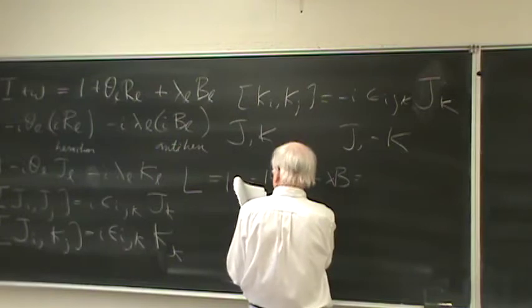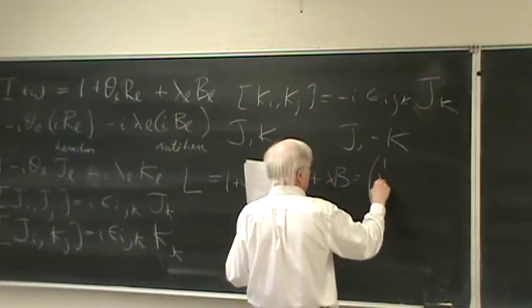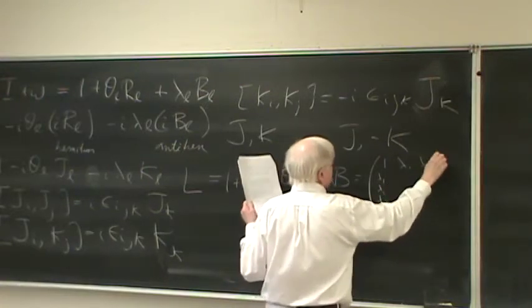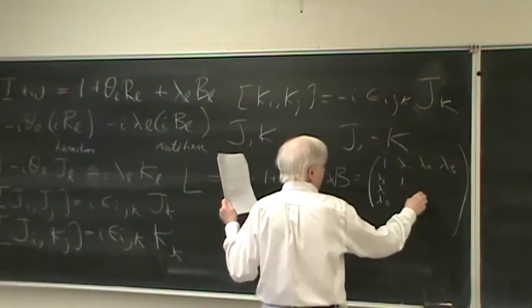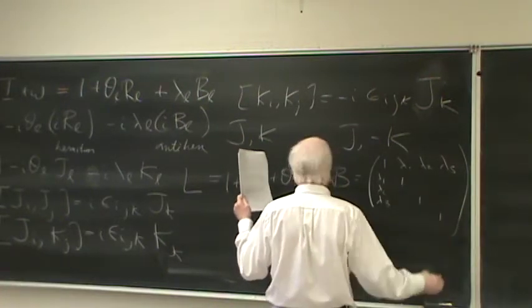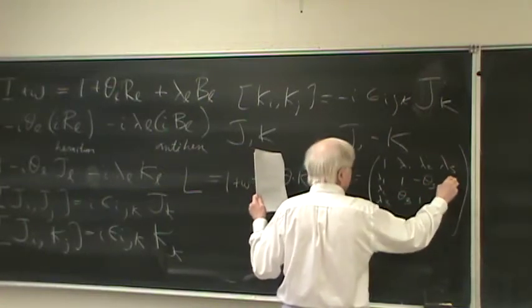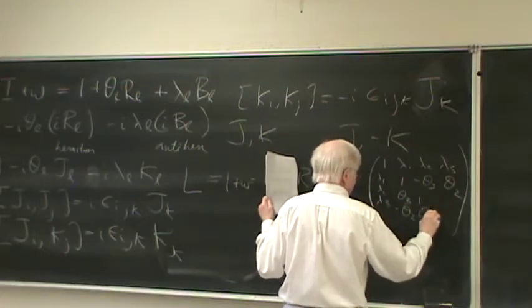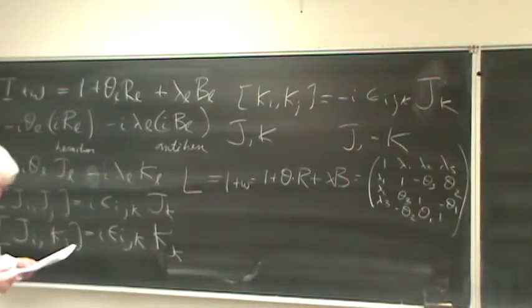This is 1, lambda 1, lambda 2, lambda 3, with 1, 1, 1 here, minus theta 3, theta 3, theta 2, minus theta 2, theta 1, minus theta 1. So that's what an infinitesimal Lorentz transformation looks like.